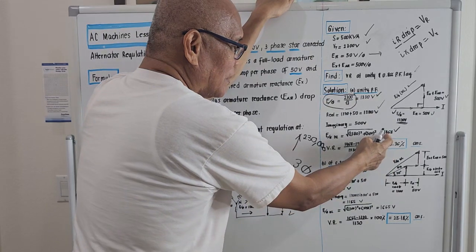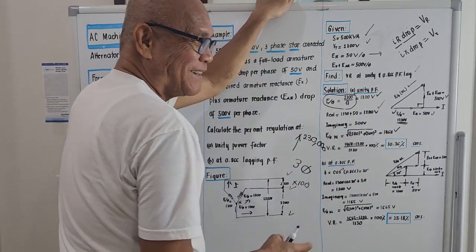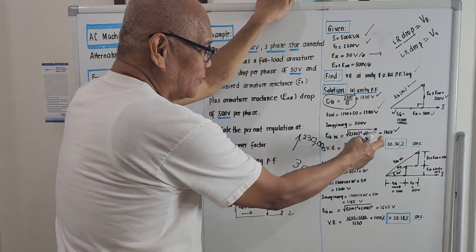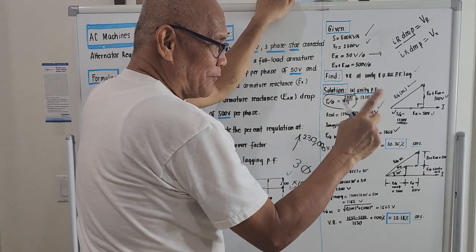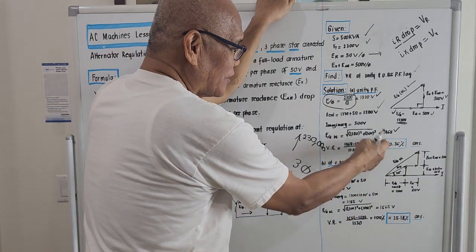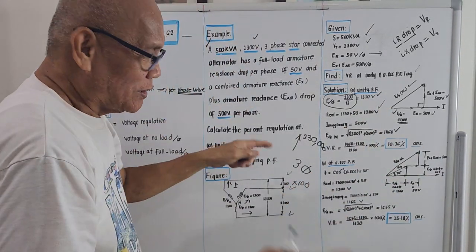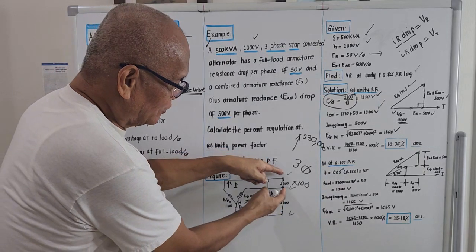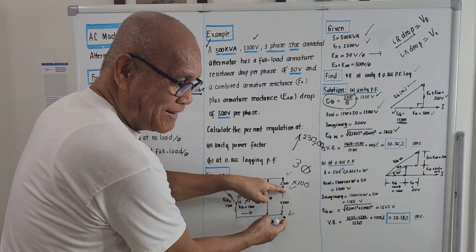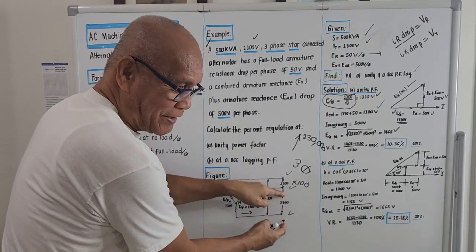It is bigger than 1330, right? That is the voltage at no load. What's the significance of this? The voltage per phase generated by the alternator should have a value of 1468 such that if we get our voltmeter and measure the voltage over here, it should come out 2300.